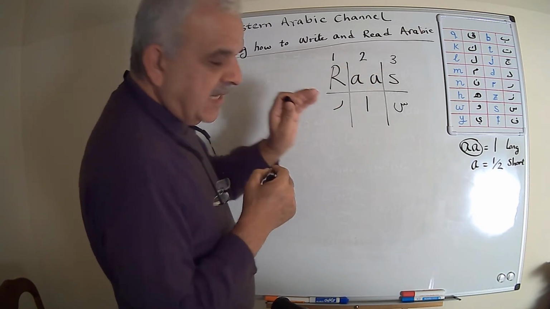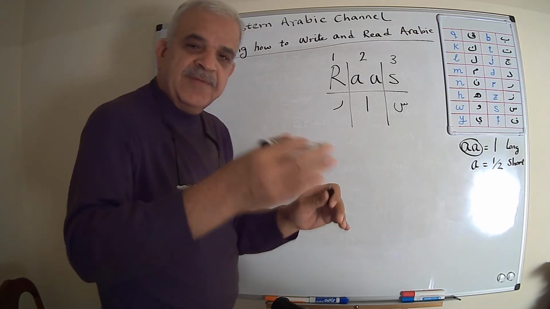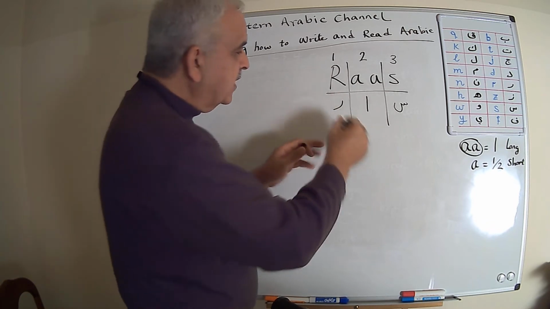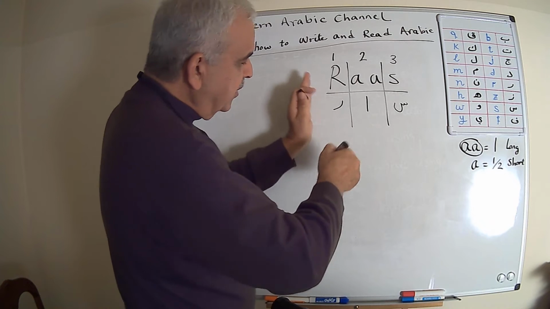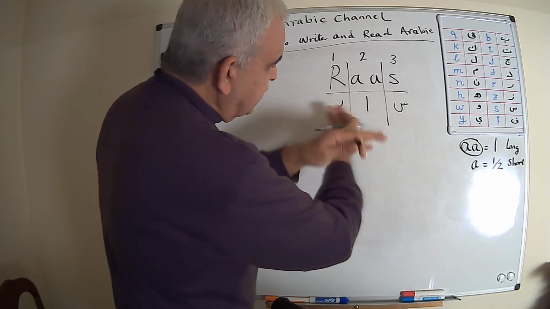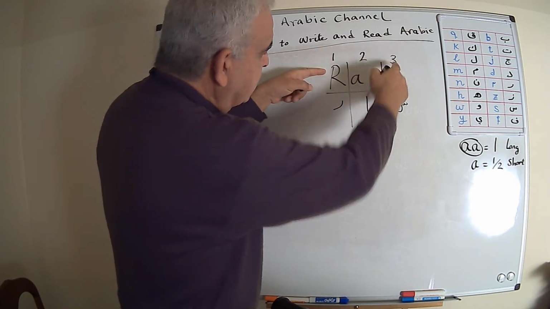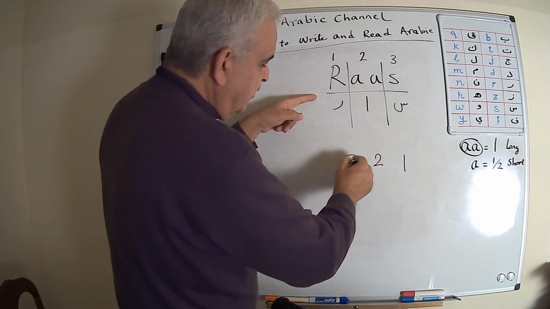But in Arabic, we write from right to left, not from left to right as in English. So when we want to write this word in Arabic, we rotate it, as if we put a mirror and look in the mirror, or we just take the letters and rotate them. We write English from left to right, but Arabic from right to left. So it becomes 1, 2, 3.